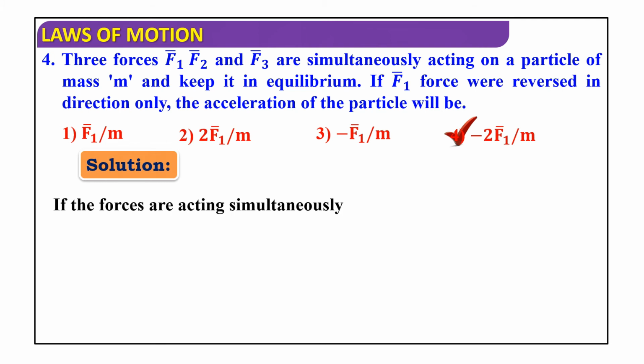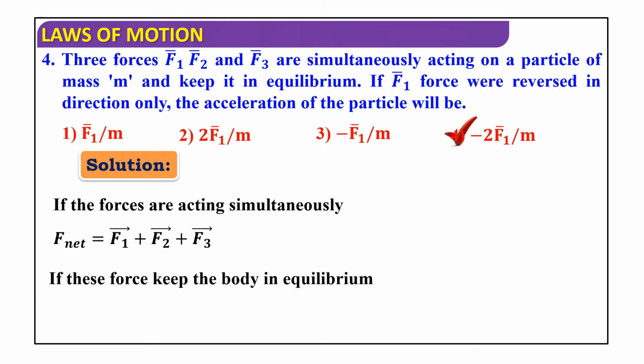If the forces are acting simultaneously, F net, that is net force, is equal to F1 plus F2 plus F3. So if these forces keep the body in equilibrium, then F1 bar plus F2 bar plus F3 bar is equal to 0. So this can be written as F2 bar plus F3 bar is equal to minus F1 bar.